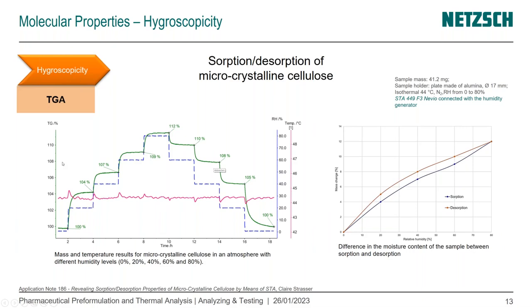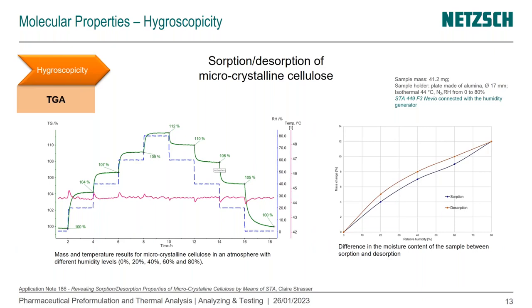The results demonstrate a strong hygroscopic nature of the microcrystalline cellulose. The first increase in the relative humidity, from 0 to 20%, here in blue, induces a mass increase of 4%. So it goes from 100 to 104 here in the TG curve.